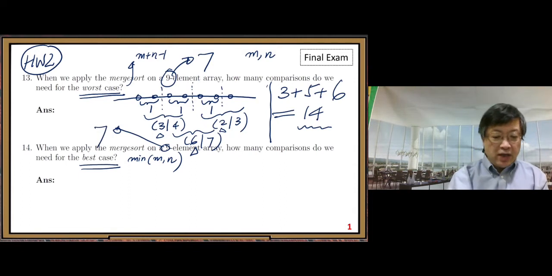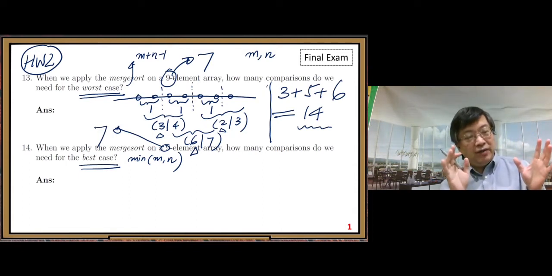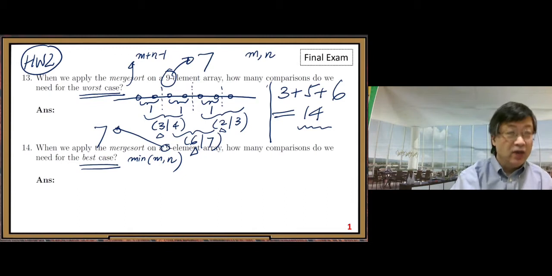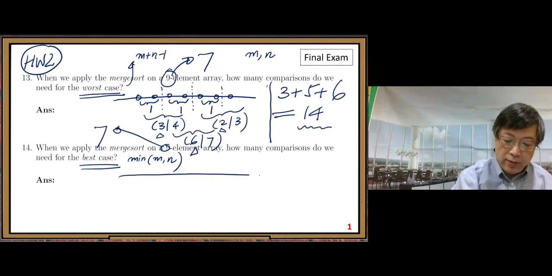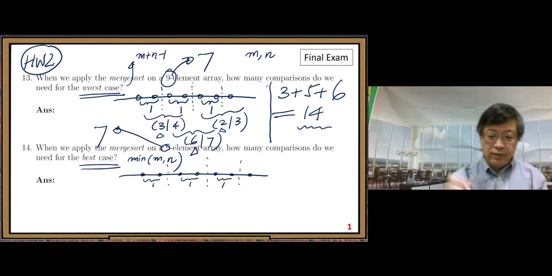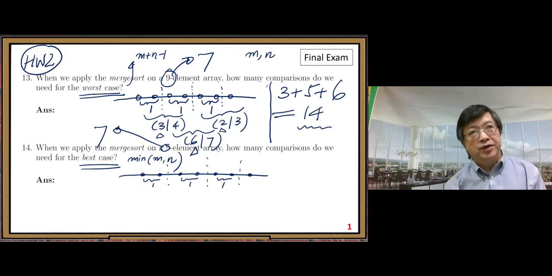The second one, let me do this another time. Try to make sure you are familiar with the whole procedure. So let me repeat this diagram another time. 7 elements. Divide. Preparation: 1, 1, 1, getting the base level subarrays sorted.